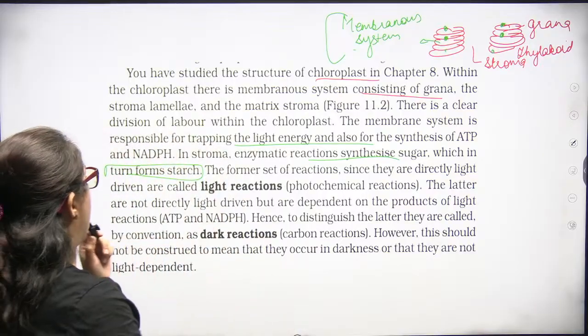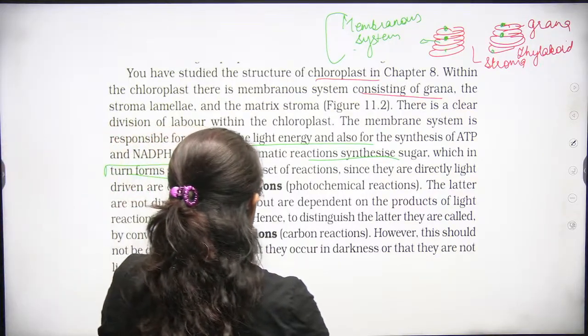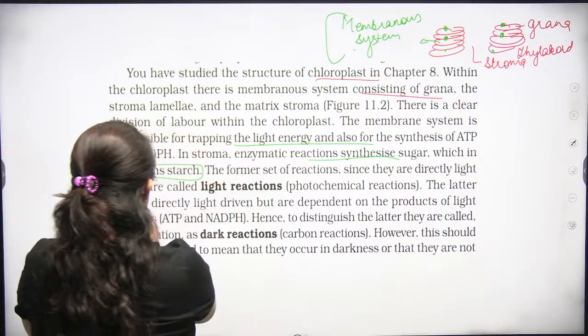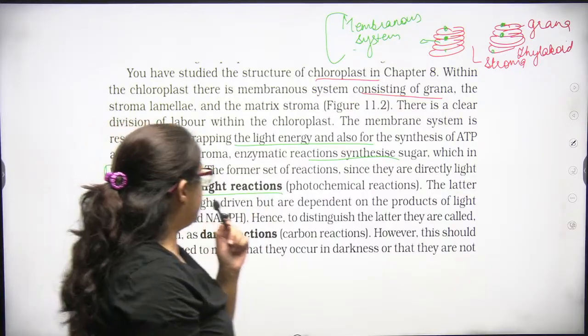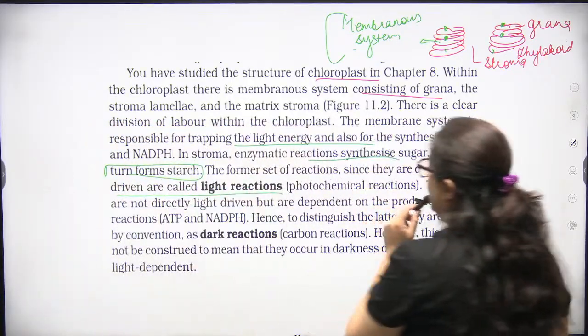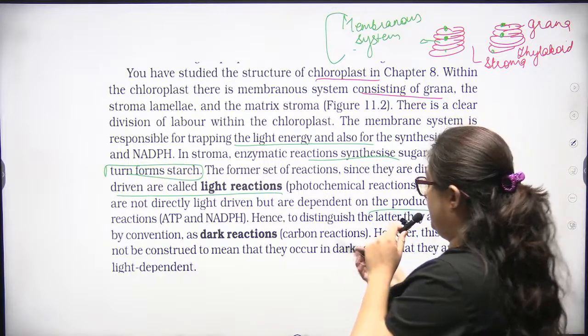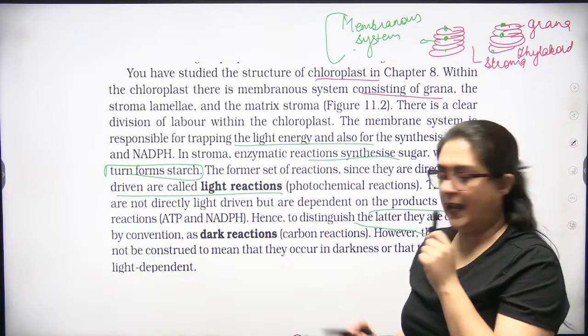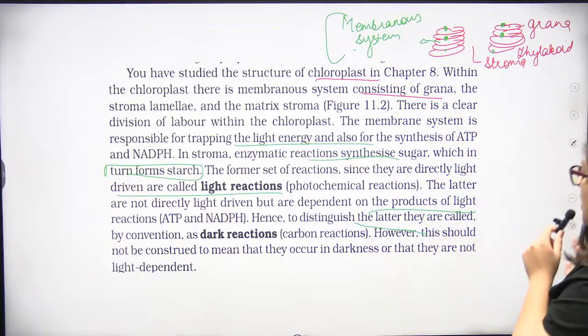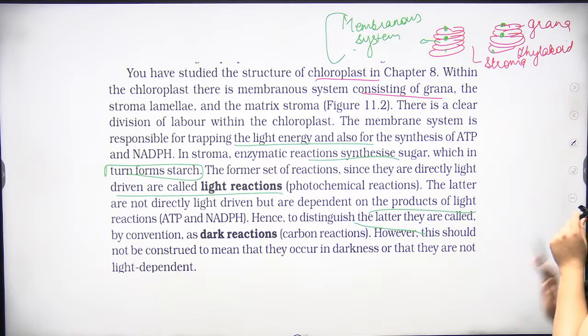Now the former set of reactions, since they are directly light driven, are called light reactions. The latter are not directly light dependent. Hence, to distinguish the latter, they are called by convention dark reaction, carbon reaction. This should not be construed to mean that they occur in darkness or that they are not light dependent.